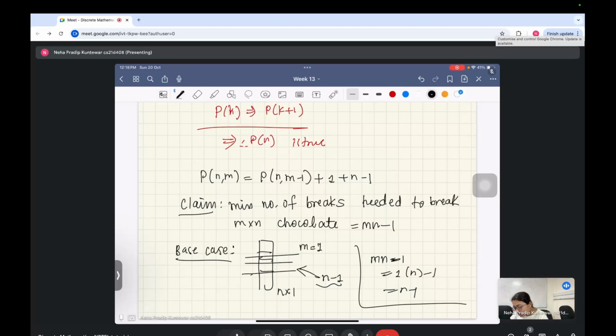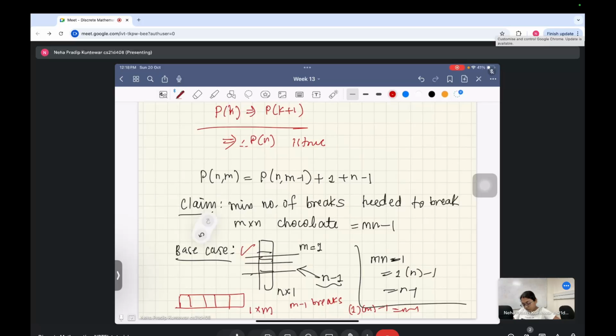Similarly, the other base case would be when I have a bar like this, which is 1 cross m, and again with the same idea, I'm going to have to break it across all these lines in order to get it into pieces. So in this case I need m minus 1 breaks, which again fits into the formula, which is 1 into m minus 1, which is m minus 1. So the base case is satisfied.